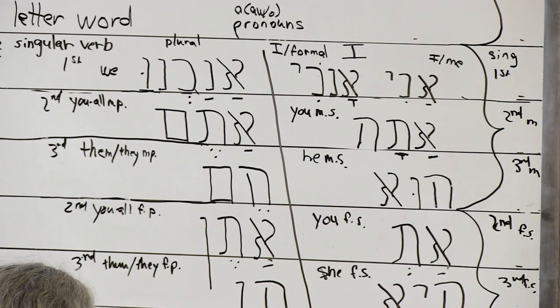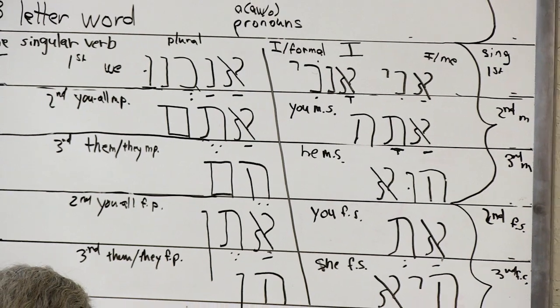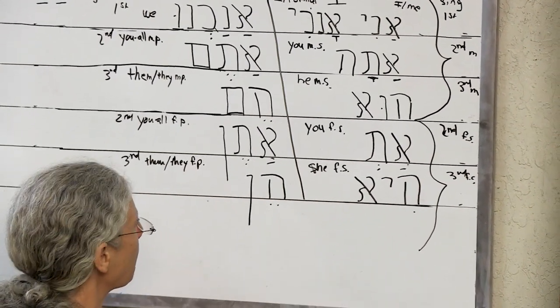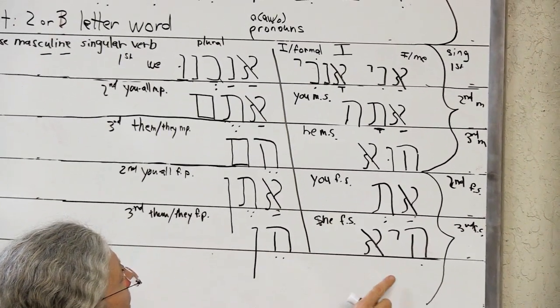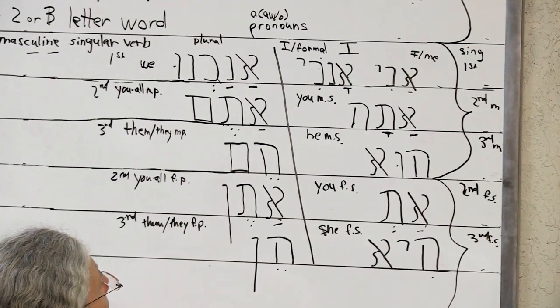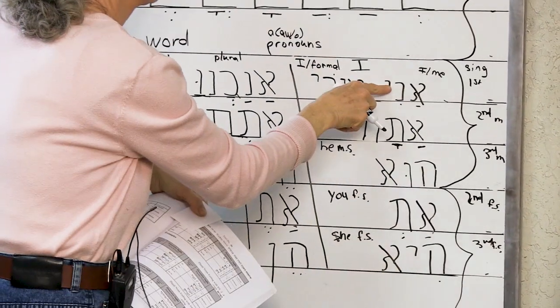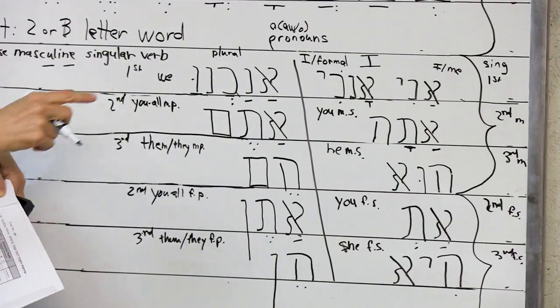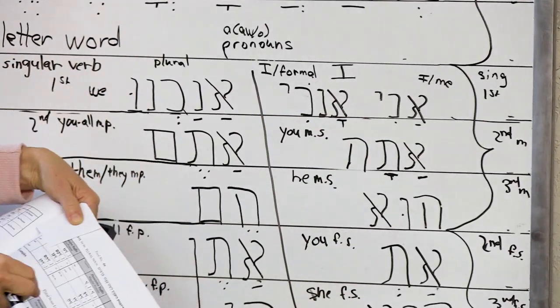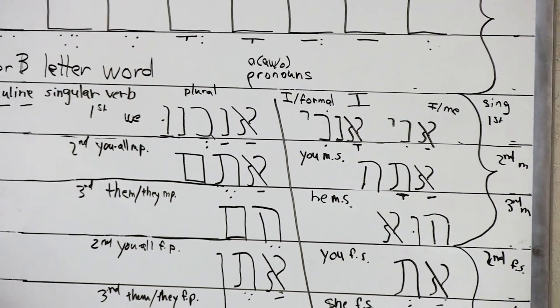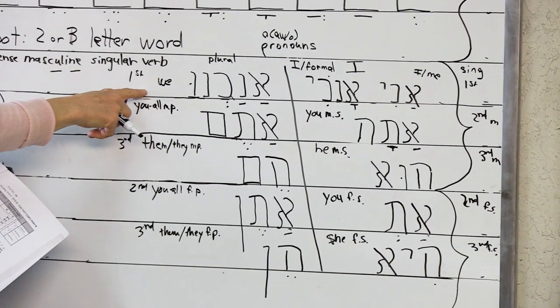Okay. We're going to remember that form. There's another form, but we're not going to worry about that one. Okay? So there's no first person feminine? No, but ani, first person, it's both masculine and feminine. Ani. I. Same with male, female, you.